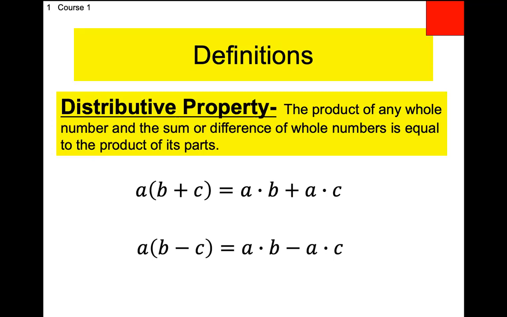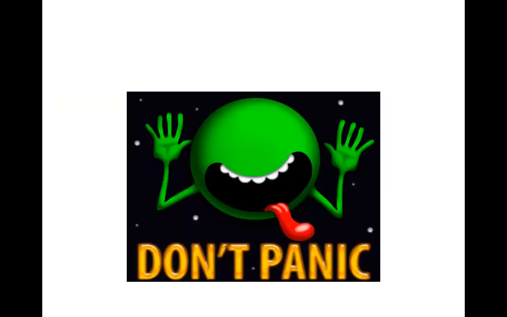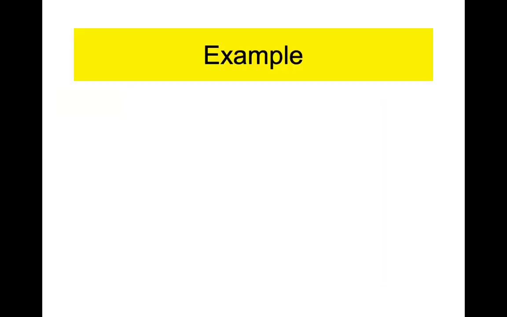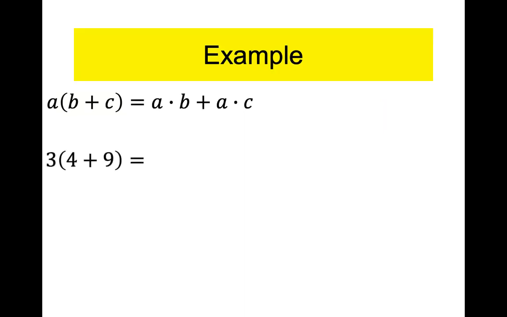We okay? Here we go. So don't panic that you don't understand the definition. You will understand the process. So here's an example. Okay, this is just the generic definition right here. Underneath that, I'll show you one with numbers. You see the numbers?